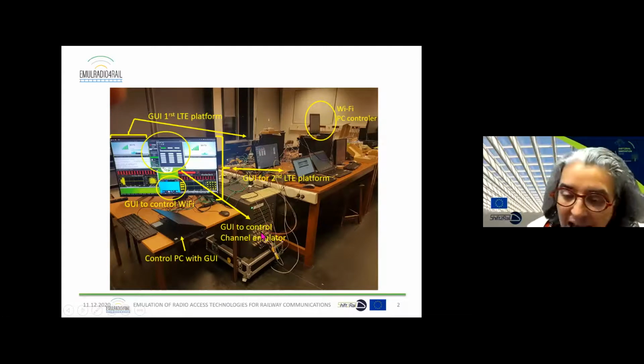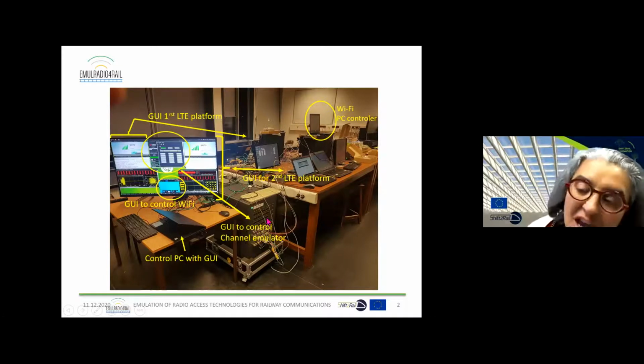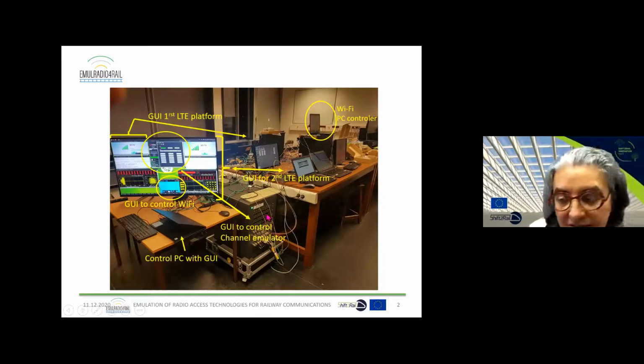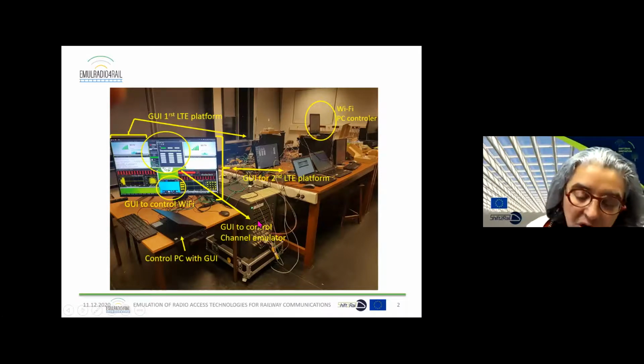So I think at the end of this project we reached the goal we promised to reach, even with lockdown. It was quite difficult because the lockdown arrived in Europe at the moment when we were at the most promising moment in the project, because the colleagues of DTU and Ikerlan had just started the test.